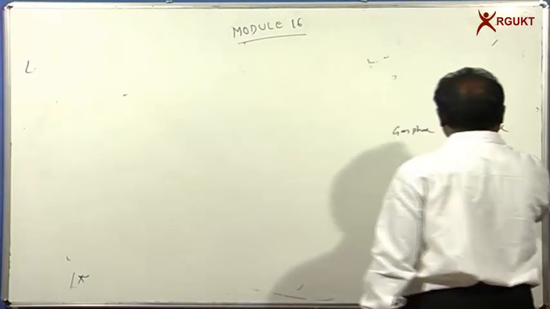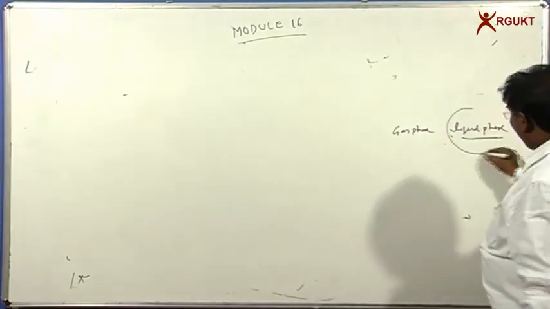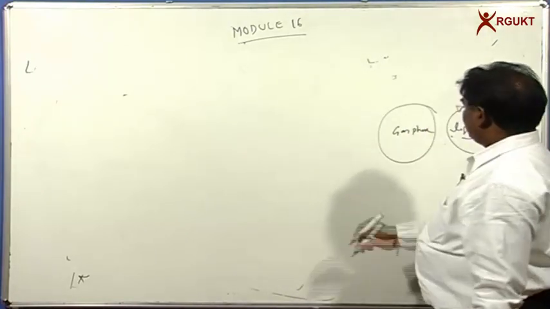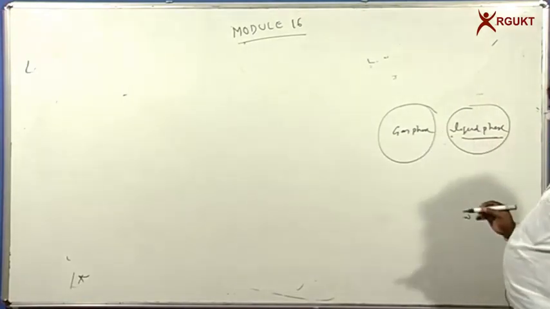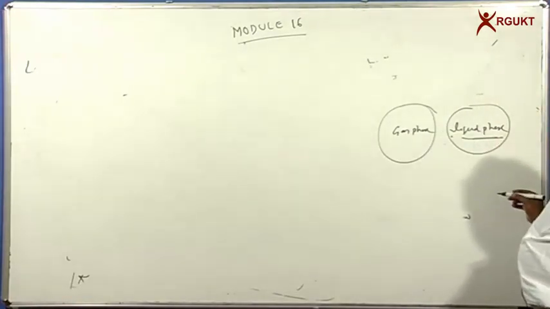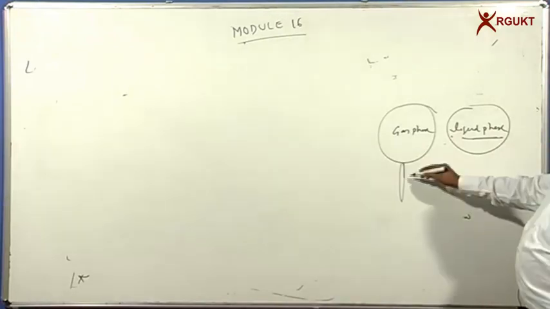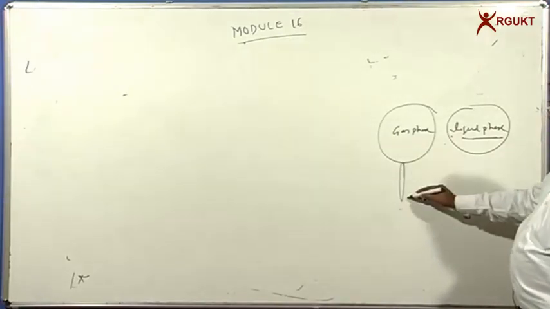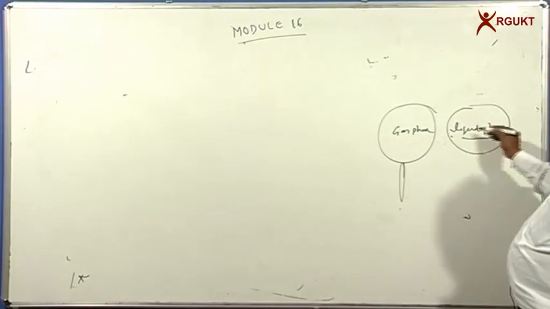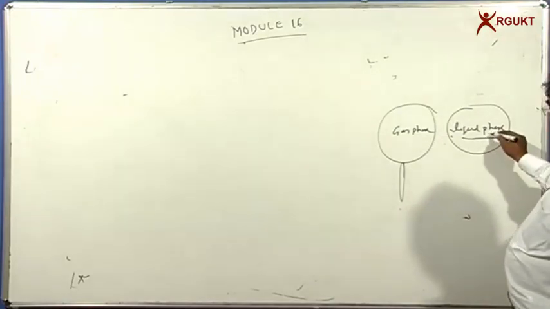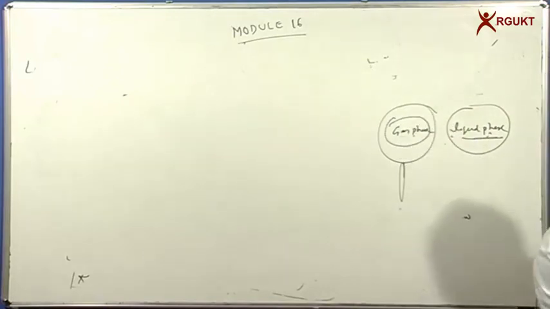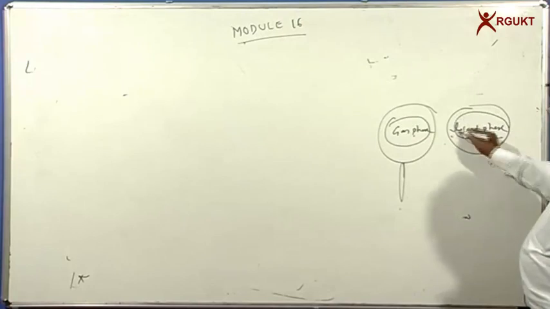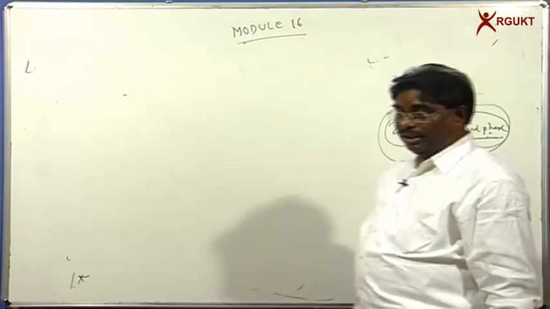The turbulence in the liquid phase may influence the turbulence in the gas phase, or vice versa. So whatever Reynolds number and flow rate we have used for the gas phase may change because of the influence of the liquid phase on the gas phase. So we have to take the actual Reynolds number for estimating the mass transfer coefficient for the gas phase, and similarly the actual value for estimating the liquid phase.